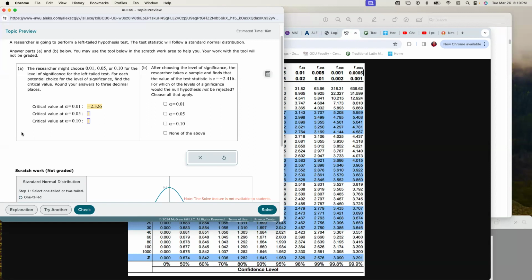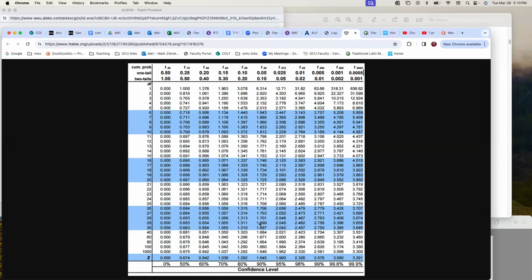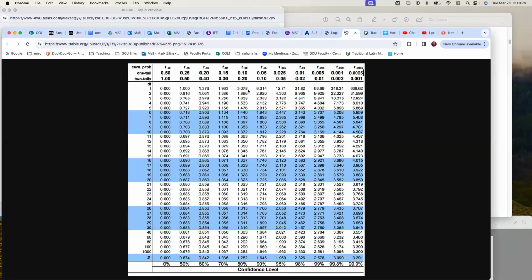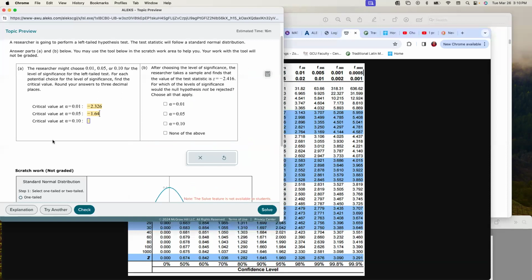If it is 5%, I'd go over here, that would be this column, that's going to be 1.645, and obviously that's going to be negative. And lastly, if I want 10% in that tail, that would be this one here. 10% in the tail, I drop straight down. That's 1.282.